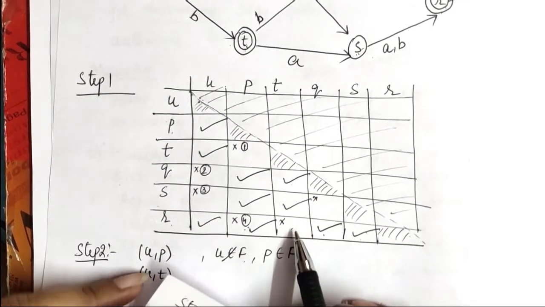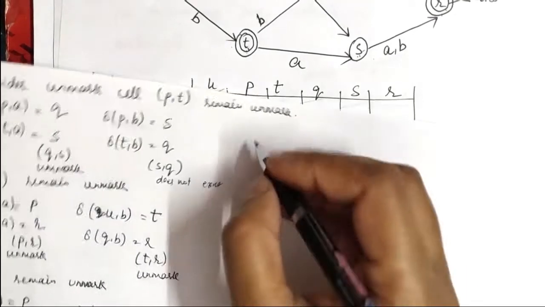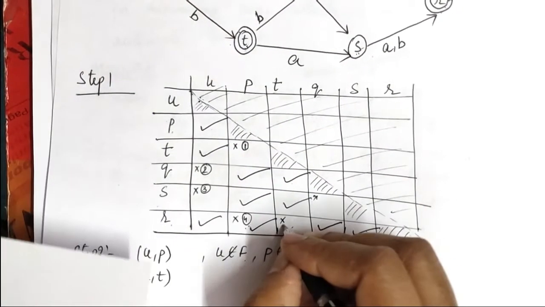Now the unmarked pair is again T comma R. We make it the 5th pair.